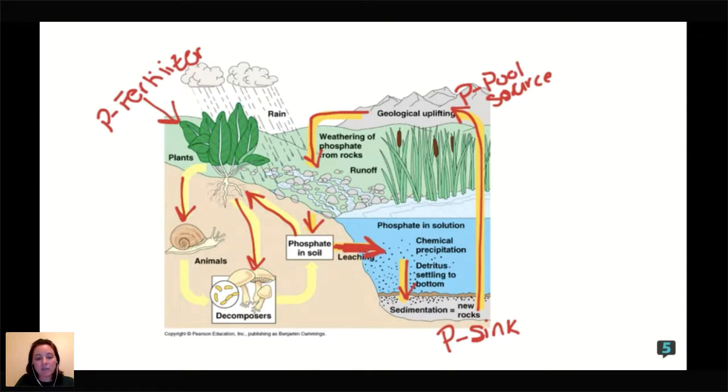Plants will take up that phosphate from the soil, and then it goes through the food web, plants to animals to other organisms, because all living things have DNA that they need to carry their genetic material and to make their bodily functions run. And then decomposers would decompose organic matter from plants and animals and redeposit that phosphate in the soil.